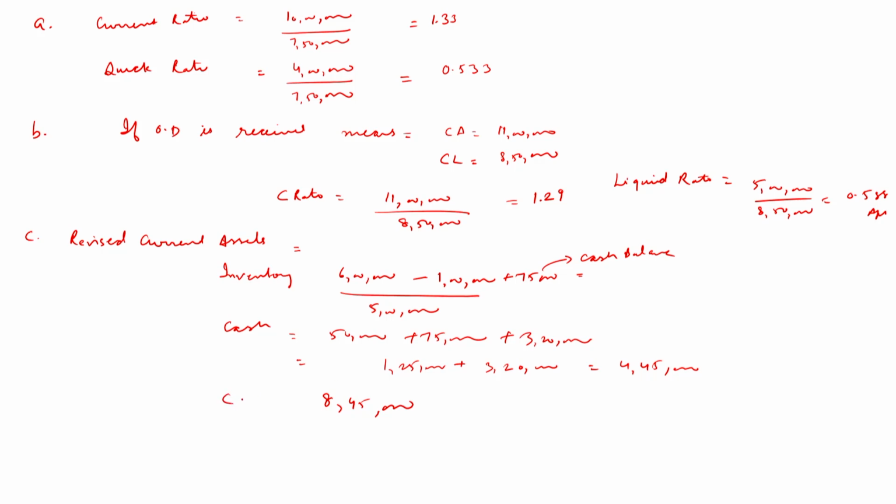So the current ratio will be 8,45,000 divided by the current liabilities, because we have already reduced the bank overdraft to 1,50,000. So the current liabilities in the current situation will become 5 lakh plus 1,50,000, which is 6,50,000, resulting in a current ratio of 1.3.